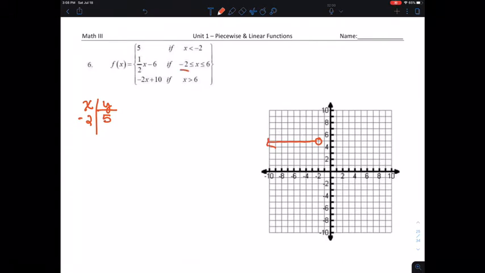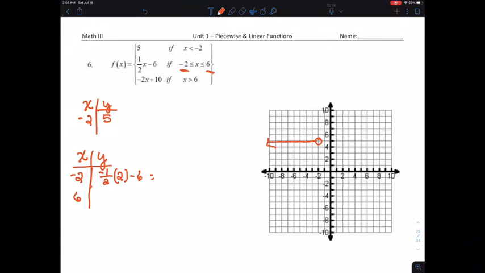And the next one is, remember, we have to do both ends on the middle one. So we're going to do x, y, and we're going to start at -2, and we're going to do 6. So this is 1/2 times 2 minus 6, and that is -1 minus 6, so -7.